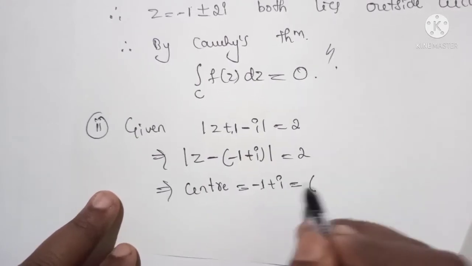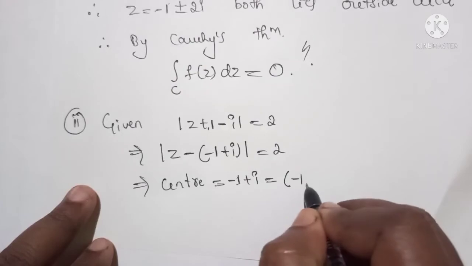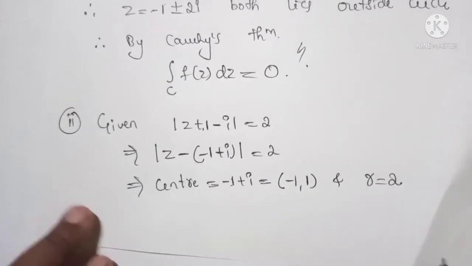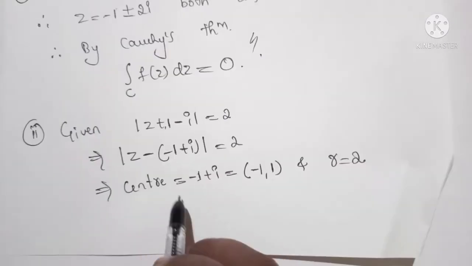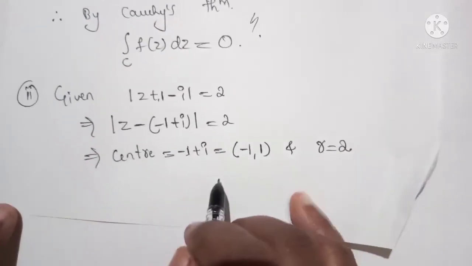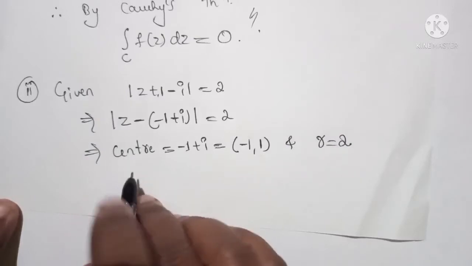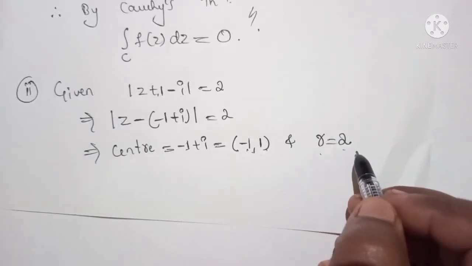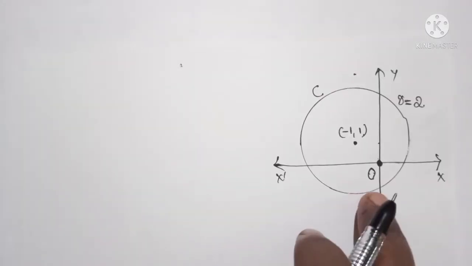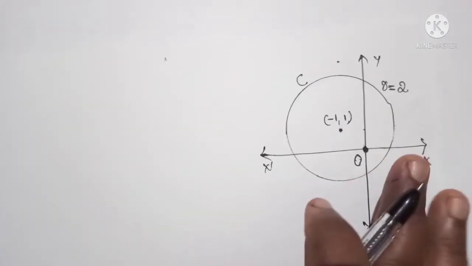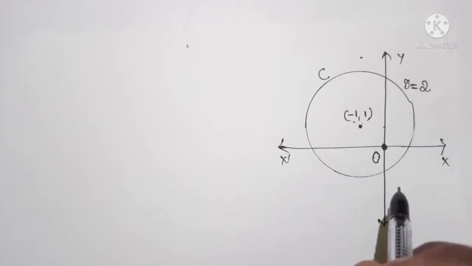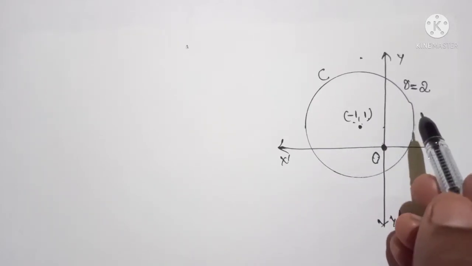If we denote it by points, we get minus 1 comma 1, and the radius equals 2. If we draw a circle with center minus 1 comma 1 and radius 2, we get it like this. I have drawn this roughly. Here the center is at minus 1 comma 1 and the radius value is 2.